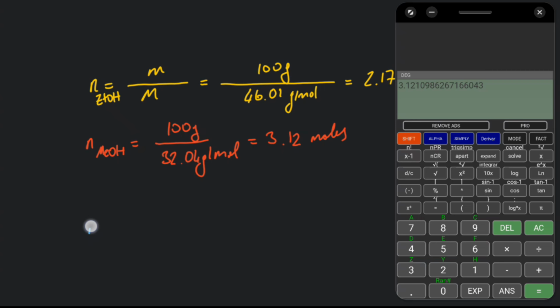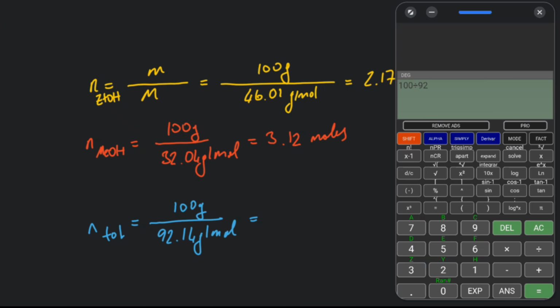And I want to calculate the toluene, 100 grams over 92.14 gram per mole, which is 1.08 or 1.09. 1.09 is more correct.